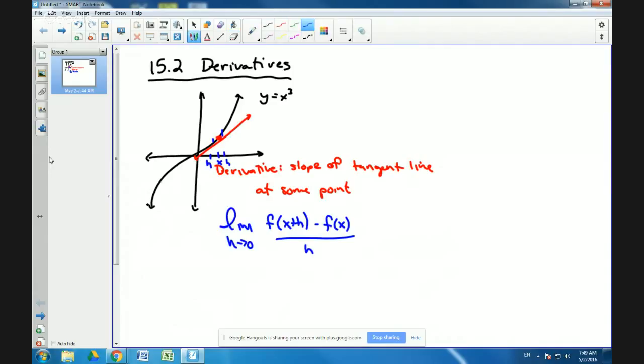So let me show you how to use this. If you can plug everything in, it's basically an algebra problem. Okay. So let's do one that's pretty straightforward.